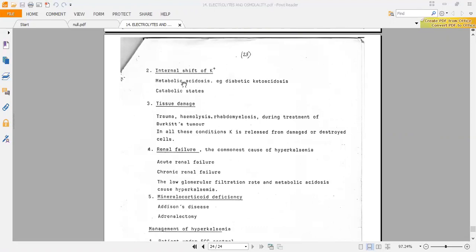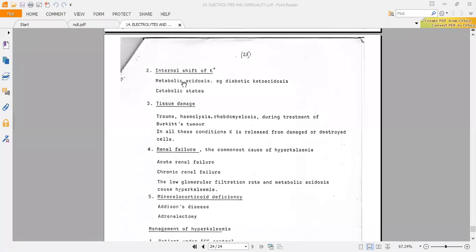Anyone with diabetic ketoacidosis. For diabetic ketoacidosis, we've seen one thing already, that it can lead to an increased anionic gap. The second thing that you should know is that people with diabetic ketoacidosis can have hyperkalemia. Okay, they can have hyperkalemia, but mostly they have hypokalemia.